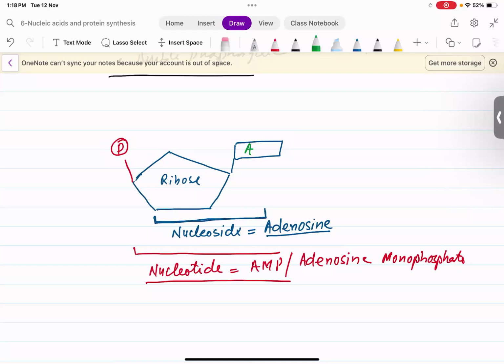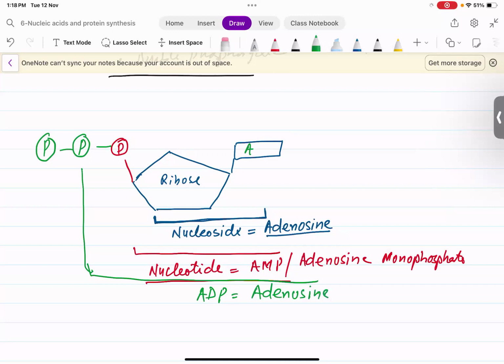If there are two phosphates attached with it, this would still be a nucleotide, but this would be known as an ADP, which stands for adenosine diphosphate.